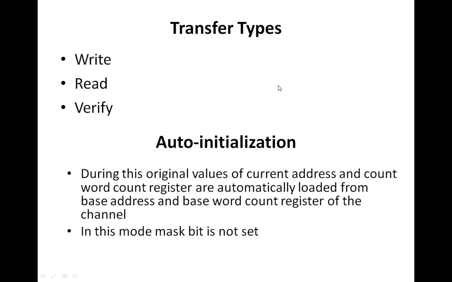So whenever we do auto initialization, the value of the current address register and the current word count register will be replaced by the value of the base address register and the base word count register.